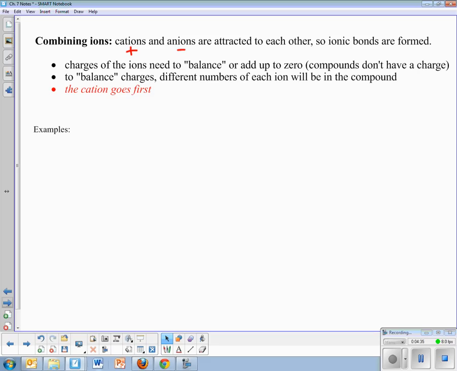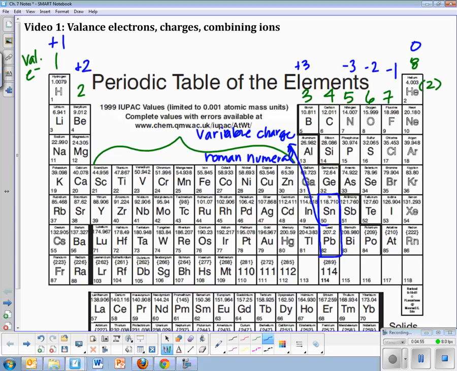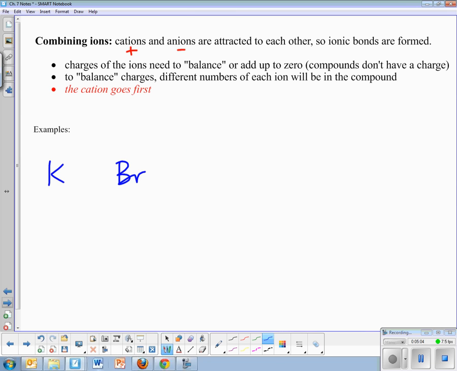Make sure you're writing all of these examples down, because that's really going to be what helps you the most. So the first one: if we have potassium, and we're going to combine it with bromine. We have to know their charges. So you look at the periodic table, and you say, okay, K is a +1 charge, in the first group. Bromine is a -1 charge. So I'm going to write +1 and -1.